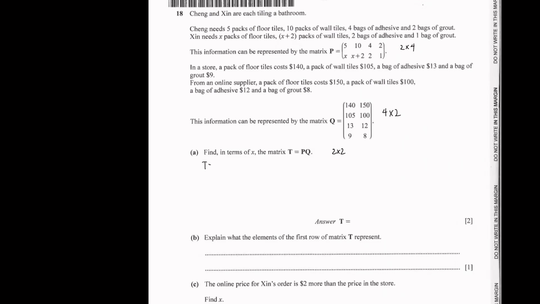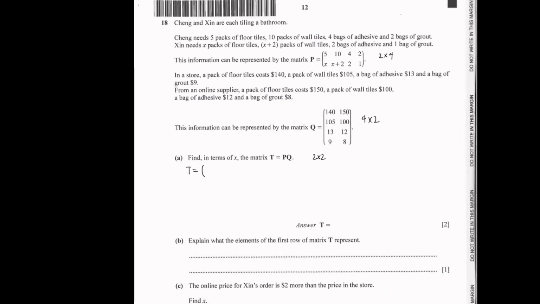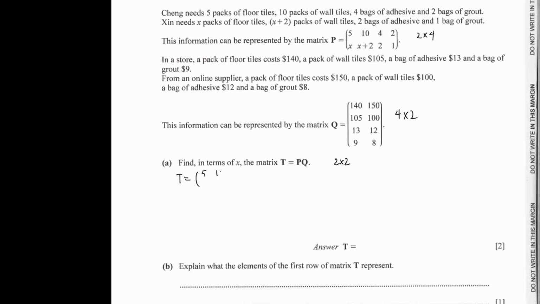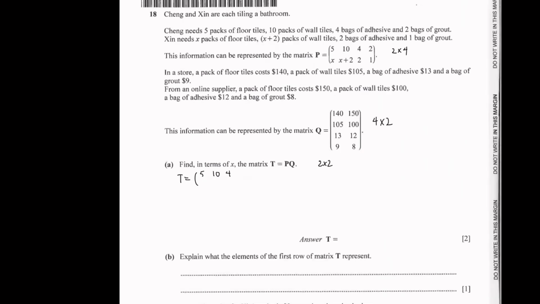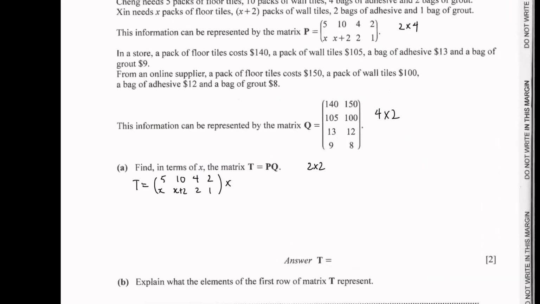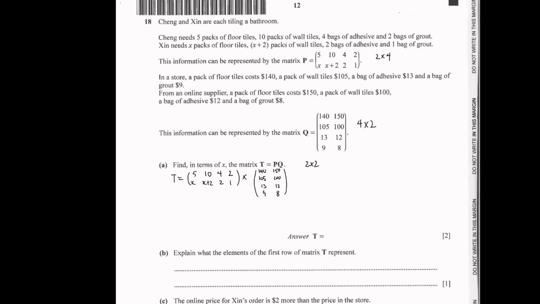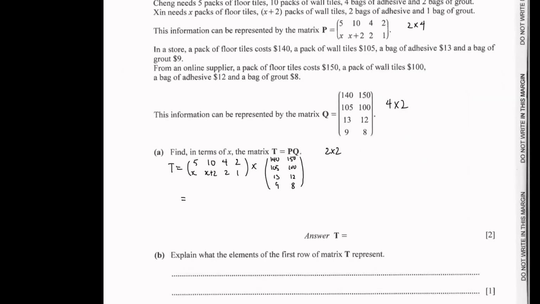T equals, okay, let's write the matrix down for P: 5, 10, 4, 2, x, x plus 2, 2, and 1. And now the matrix for Q, we have 140, 105, 13, 9, 150, 100, 12, and 8. So this is going to be a 2 by 2 matrix.